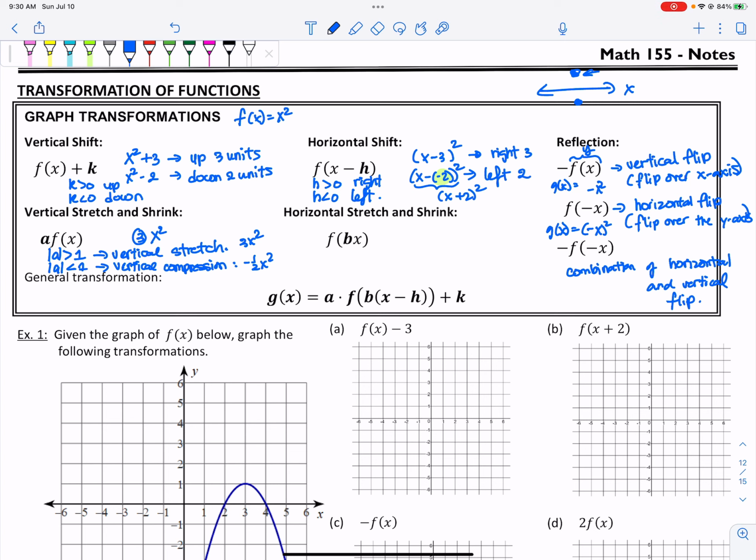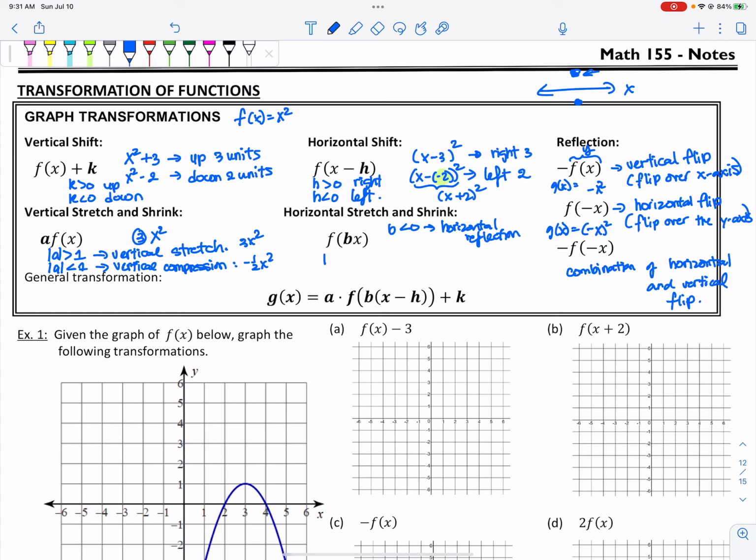Next, horizontal stretch or shrink. Inside the input b times x, b would tell us whether it's going to be a stretch or a shrink. Shrink is the same thing as compression. All right, so if b is negative, we know that if there's a negative inside the input, it's a horizontal flip or reflection.